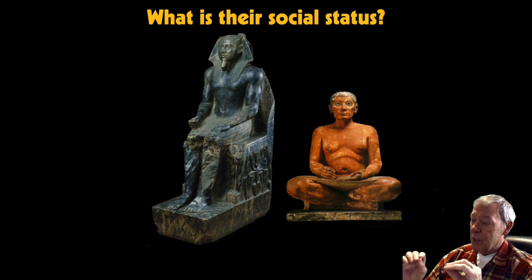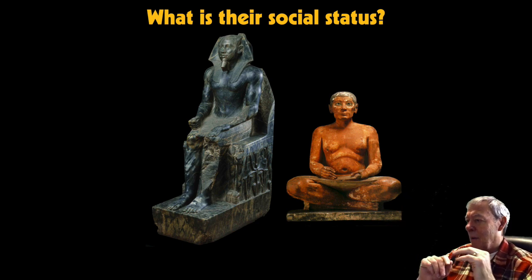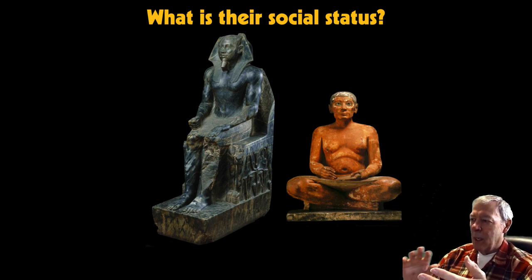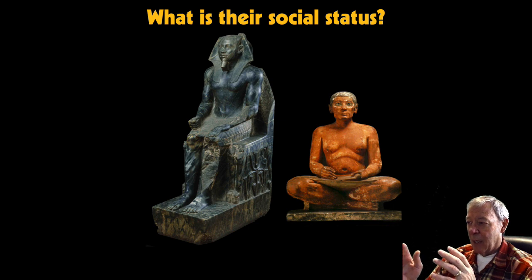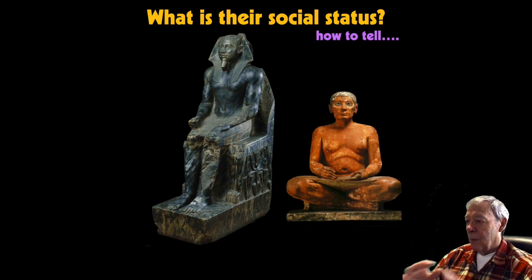What are the characteristics that you would identify? You might just say, well, yeah, that's a pharaoh, he's obvious, and the other guy is not, the other guy's more common. But what are the characteristics that you're looking at in order to identify that? So let's just go through those: how you tell what their social status is based on the imagery that the artist creates here.